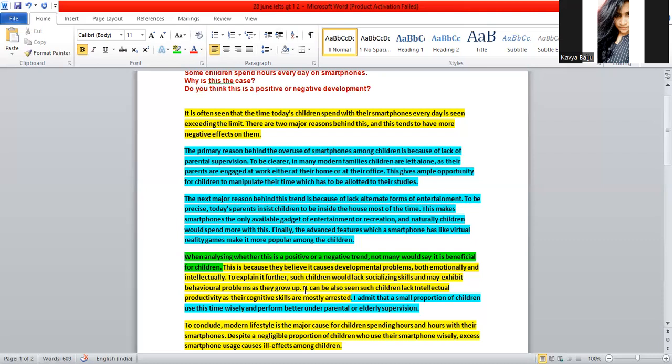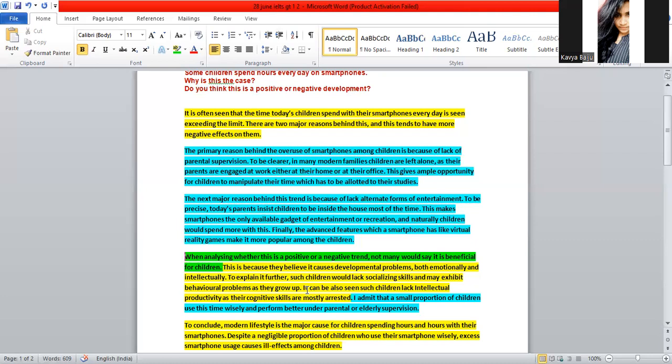So it can also be seen such children lack intellectual productivity. They are not able to think properly, as their cognitive skills are mostly arrested. They won't be thinking because the smartphone is assisting their thinking capacity, and they are not going to think independently.